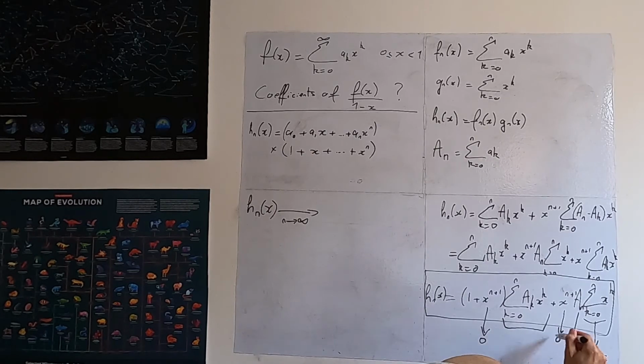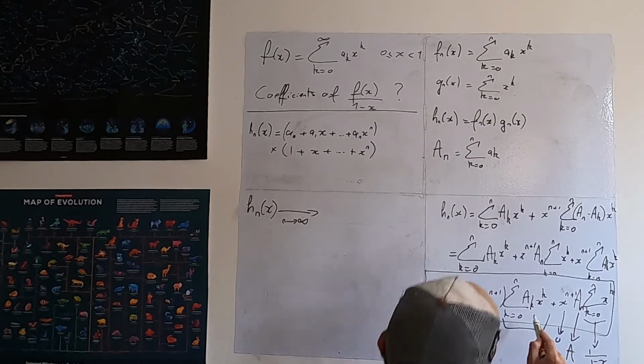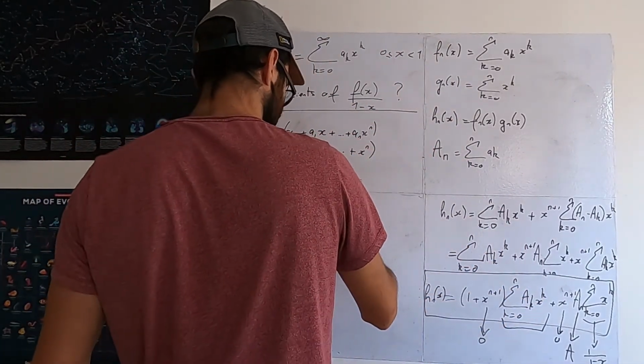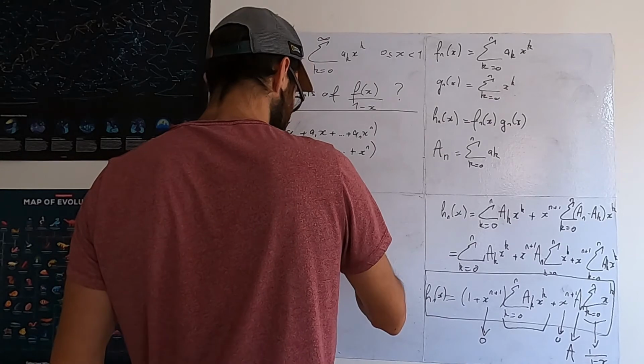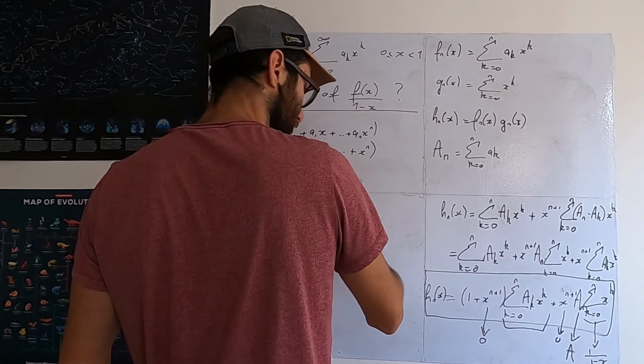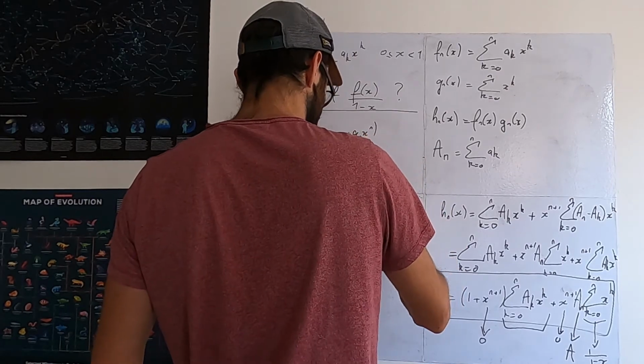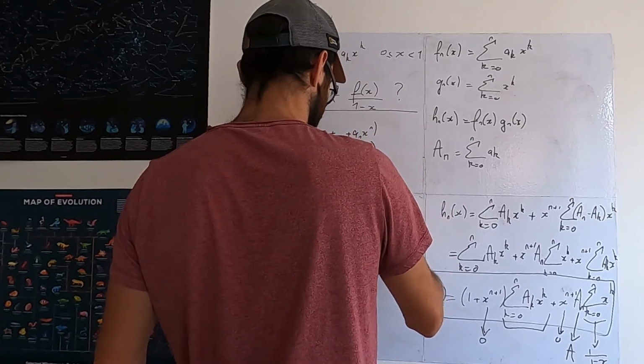So overall, this whole term will tend to 0, and this tends to the sum of the Ak x^k. So assuming that this sum converges, we have this formulation.